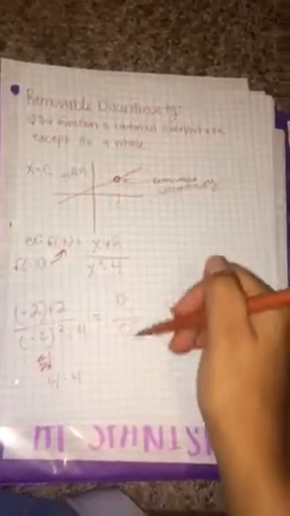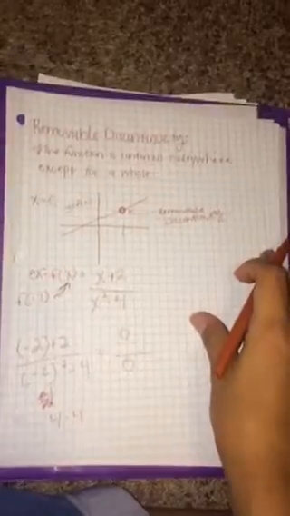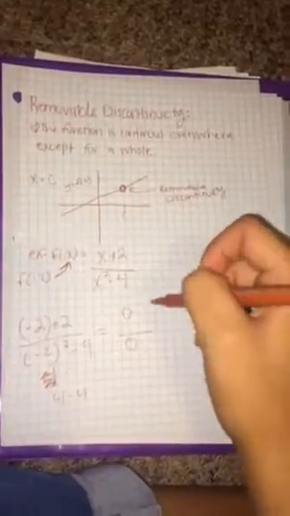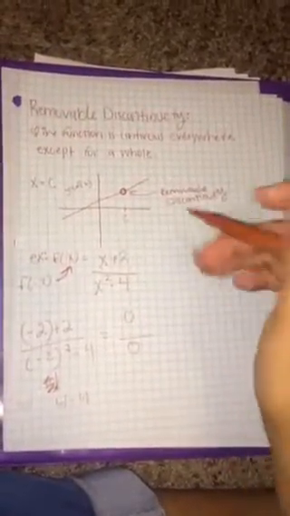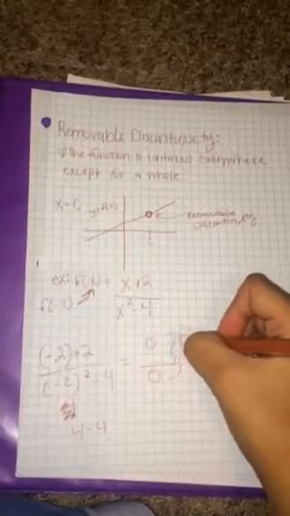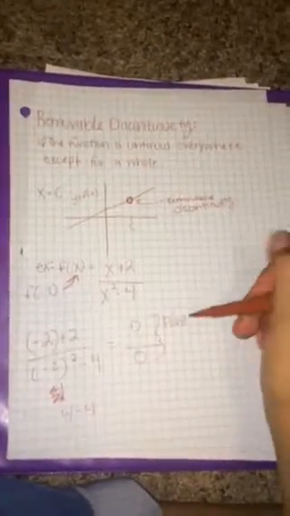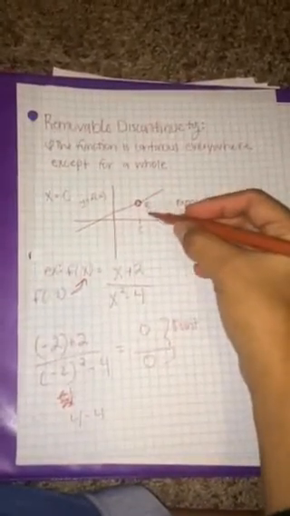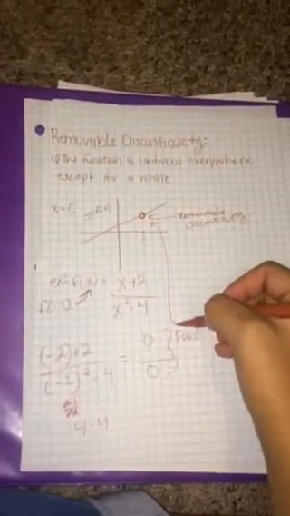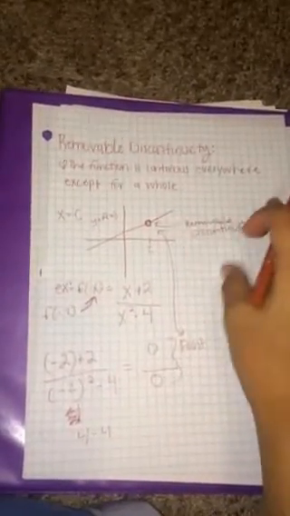So when you get a 0 and a 0, that means that it has a point discontinuity. Point is just another name for removable discontinuity because it simply has one little point.